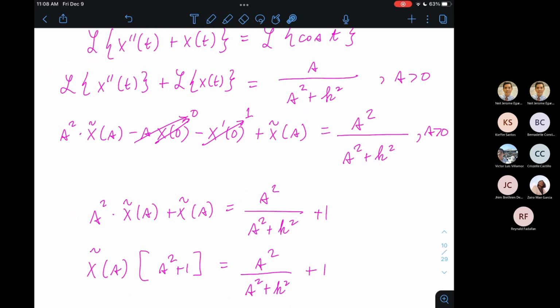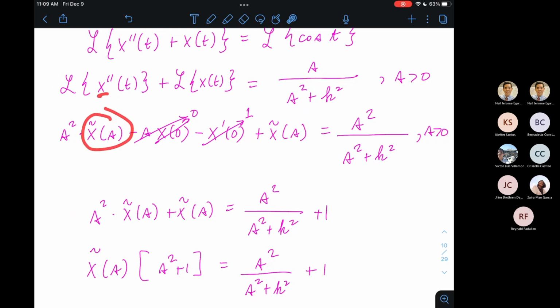Remember, ang Laplace transform ng x double prime ay s squared kasi second order. So mata-translate lang to sa multiplication by s squared. Kung triple prime yan, ito maging s cubed and so on, right? Degree n, order n derivative will translate to a multiplication by a degree n na s, right?